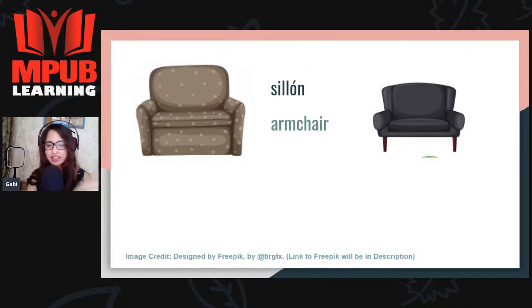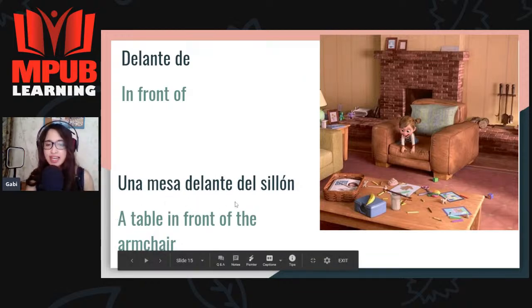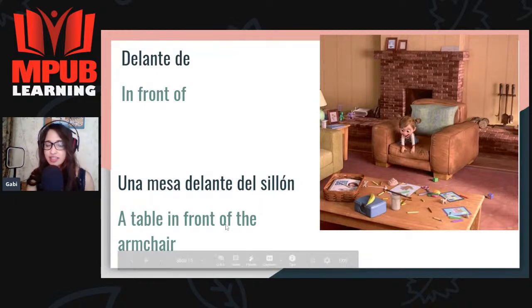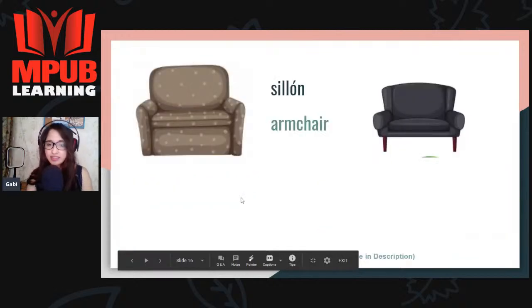So if we put de el sillón, that sounds wrong and it actually is grammatically incorrect. So that's why we have una mesa delante del sillón. A table in front of the armchair. But we're going to now insist on the Spanish.